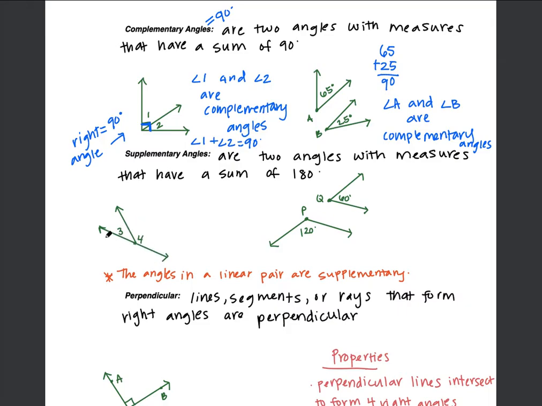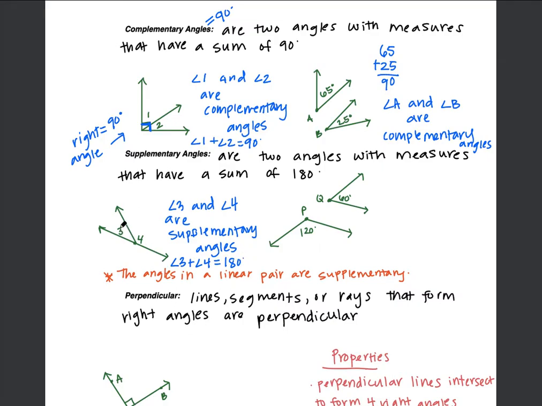So because the line is straight, the line has a sum of 180 degrees. So that means angle 3 and angle 4 are supplementary angles. Supplementary angles. Okay, the two angles add up together equal 180 degrees. So I can say angle 3 plus angle 4 is equal to 180 degrees.